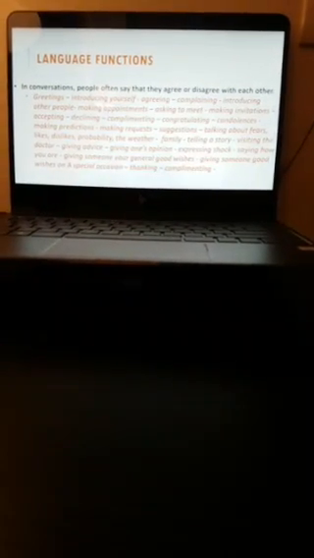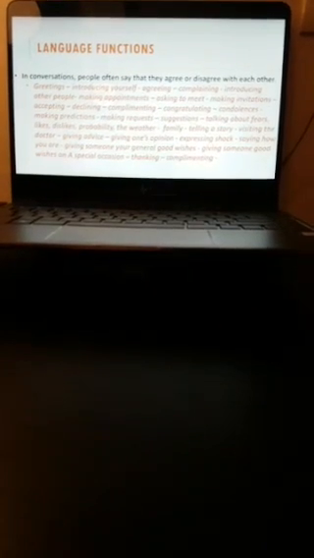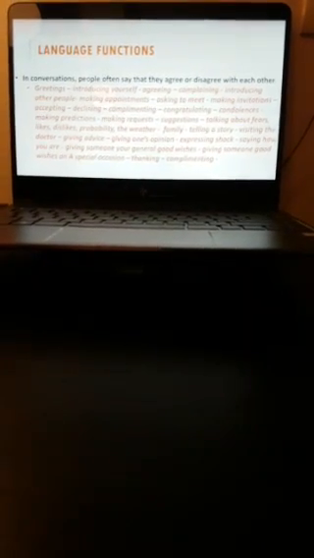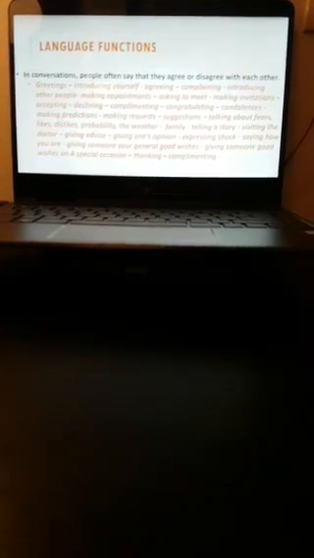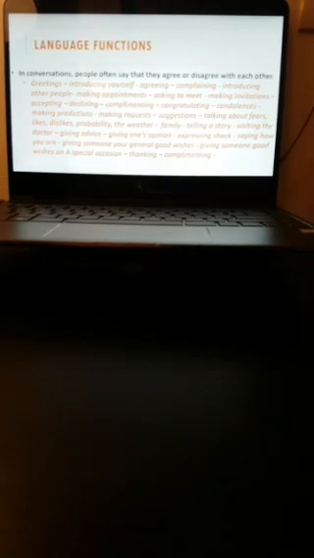And language functions exist in all languages, even in Arabic. Of course, when you congratulate, we have too many of those. For example, when you congratulate someone, Mubarak. For example, when somebody dies, you say, عظم الله أجرك, Allah يرحمه, يغفر له, and so on.